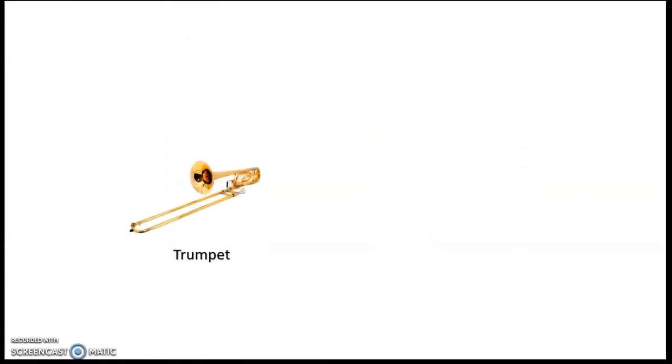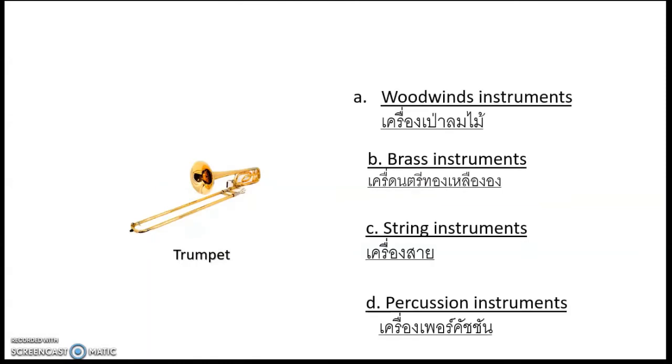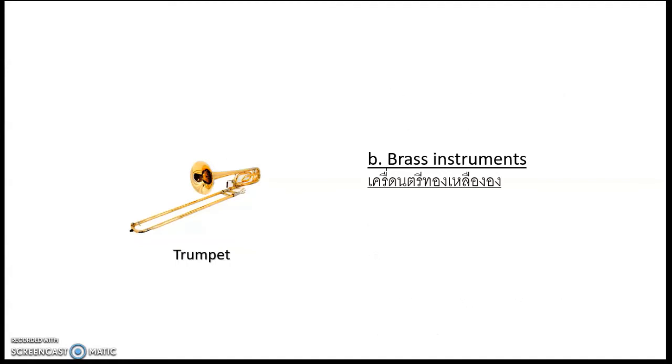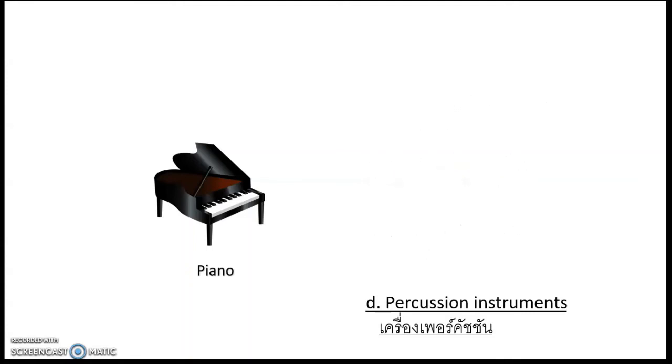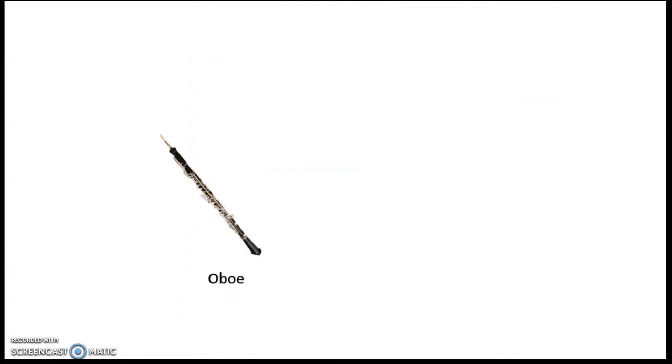Trumpet, yes, trumpet belongs in letter B, brass instrument. And the piano. Piano belongs in the percussion instrument, letter D. What about this oboe?